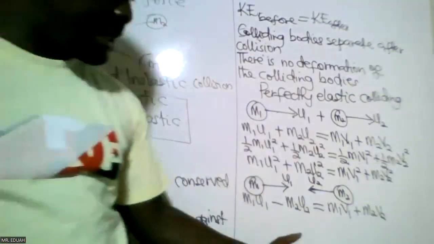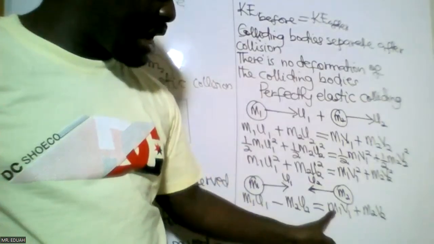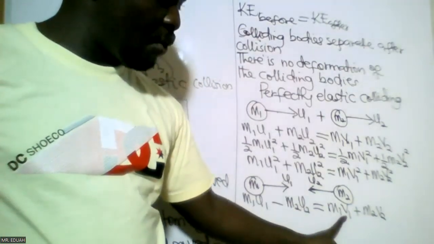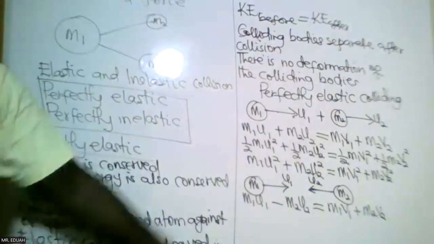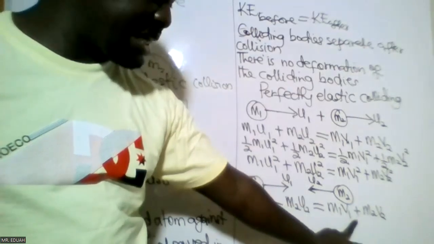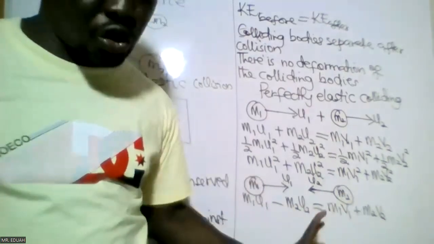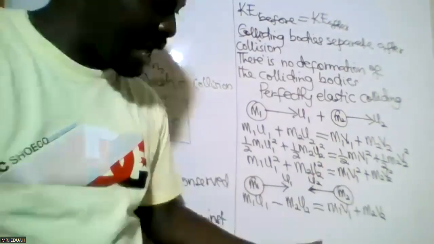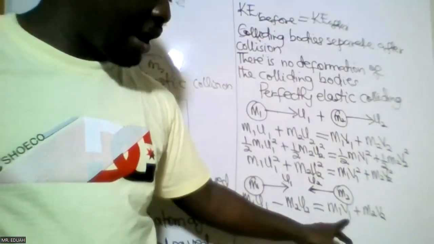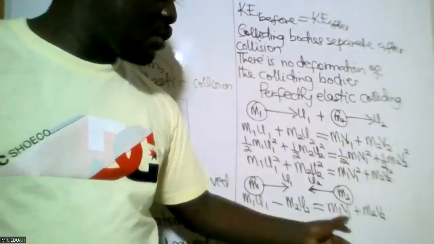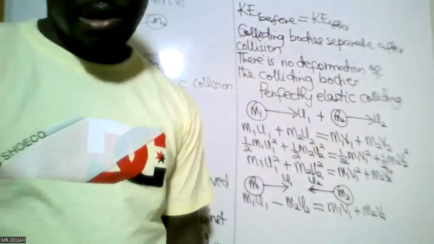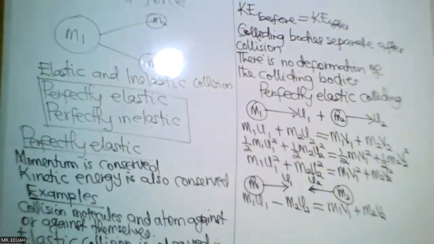In questions, you can only determine the direction of mass 1 and mass 2 after getting V1 and V2. That is the reason I haven't shown a minus here, because I'm not sure. This is a formula. So in real questions, after getting V1 and V2, you can determine the direction of M1 and M2 after the collision. Janice, are you fine? Clear?